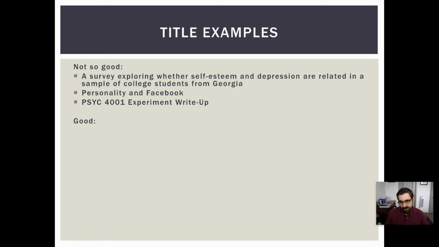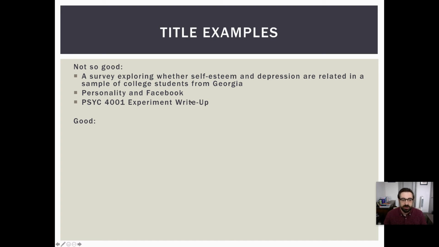So the title needs to tell the reader what the study's about. So if I just say personality and Facebook, that doesn't give me a good sense of what kind of study this is, or what aspect of personality you're looking at, or that it's a study at all. It's just about personality and Facebook.